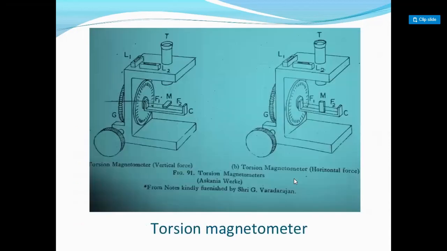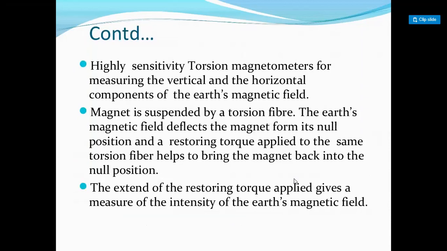So this is the torsion magnetometer, for vertical forces and for horizontal forces. These are highly sensitive torsion magnetometers for measuring the vertical and the horizontal components of the Earth's magnetic field.